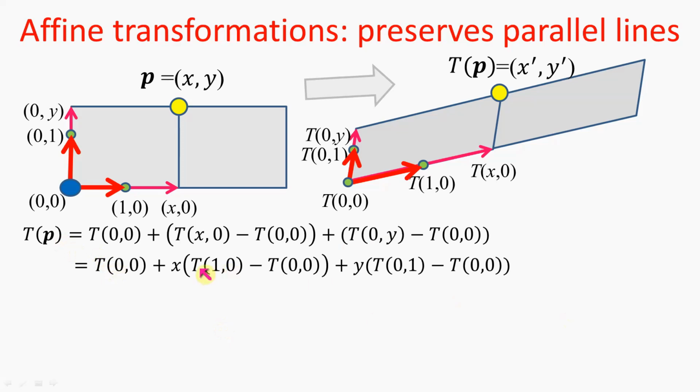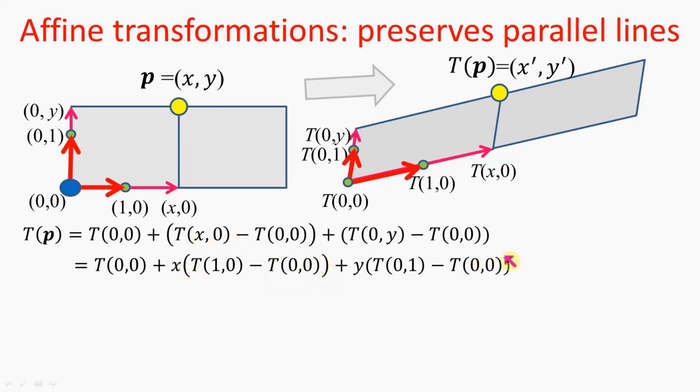Let's do a little bit of bookkeeping. This vector is the difference of the image of (1,0) and (0,0), the origin of the coordinate system. Between (1,0) and (0,0), we have basis vector i in a Cartesian coordinate system. So here we can observe the transformed version of basis vector i.